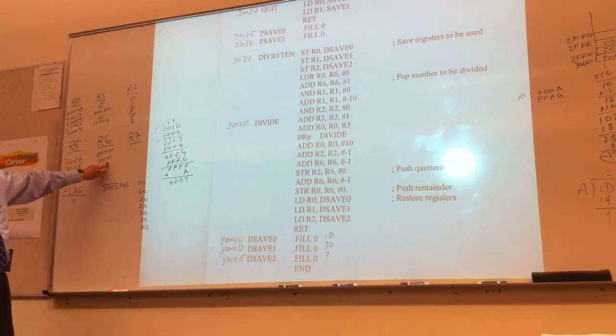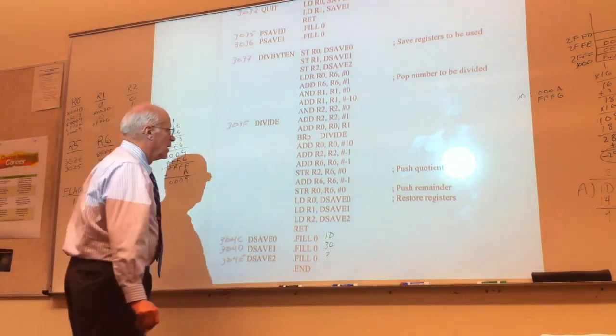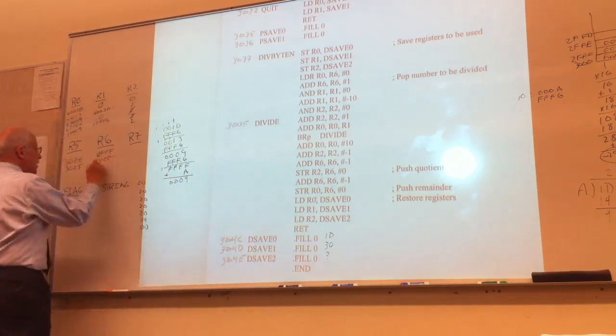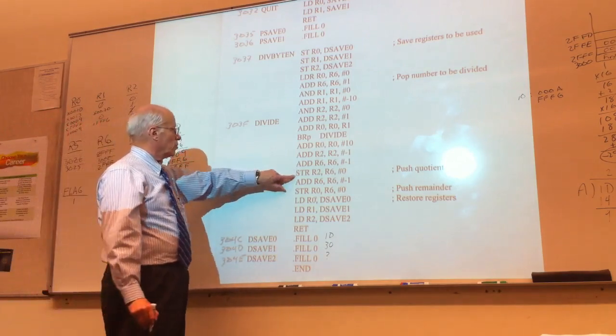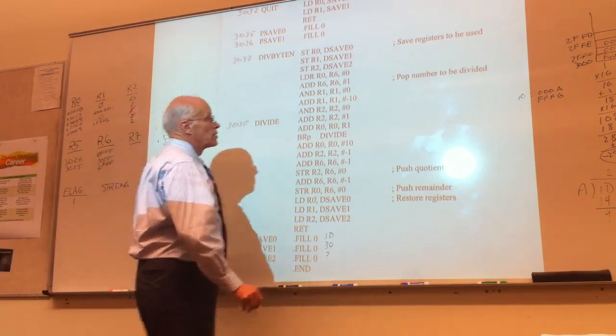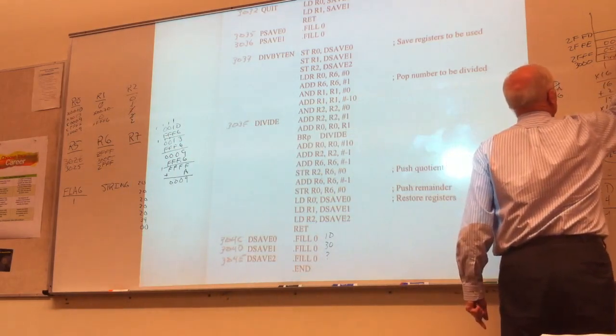Oh, wait a minute. Oh, man, that's the problem. I skipped this one. I subtract 1 from register 6, which gets us to 2FFF. Now then, I store register 2 out there. That's a 2. So I'm going to get 0002.